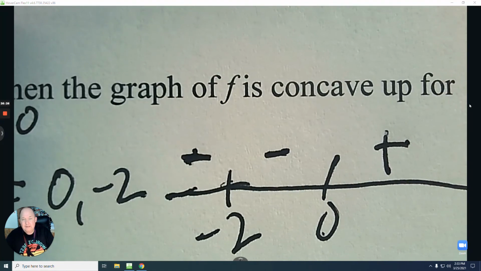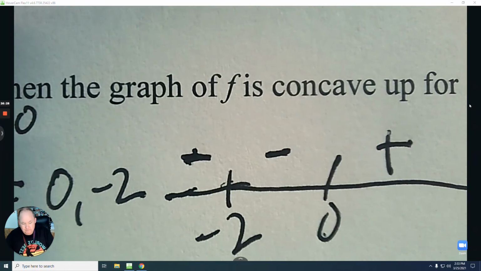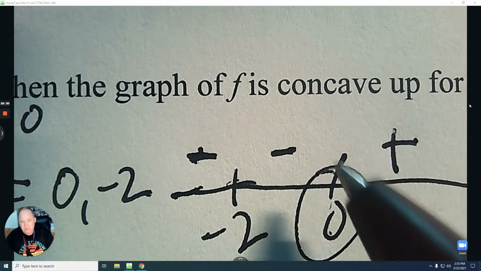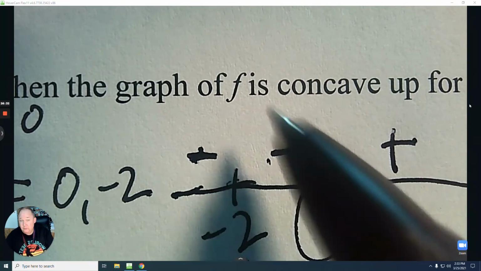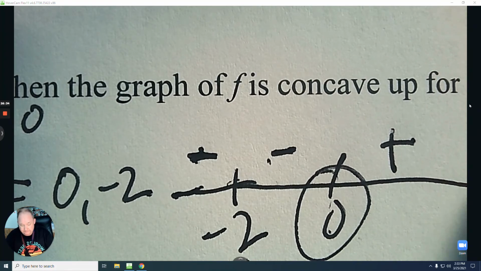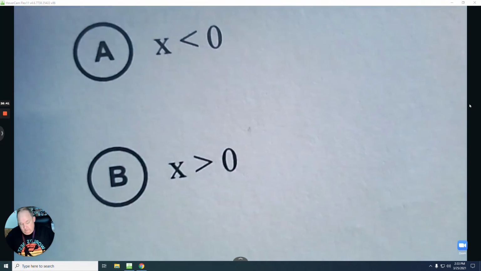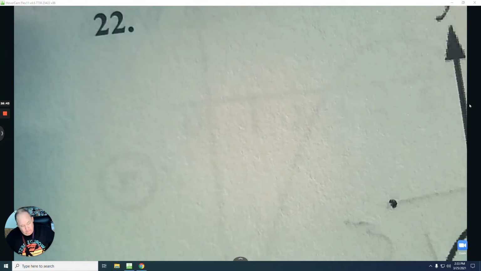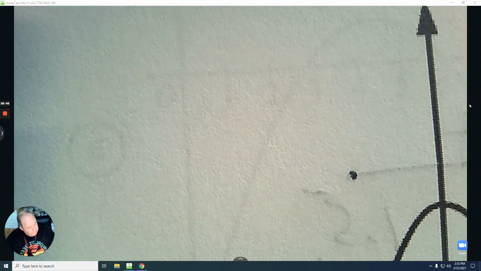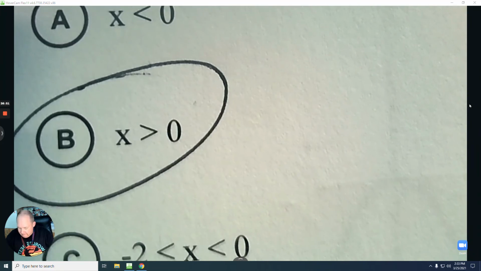So the only time the concavity changes is at 0, where it changes from negative to positive. Oh, where is it concave up? It's when it's bigger than 0. So the answer is B. That's when it's concave up.